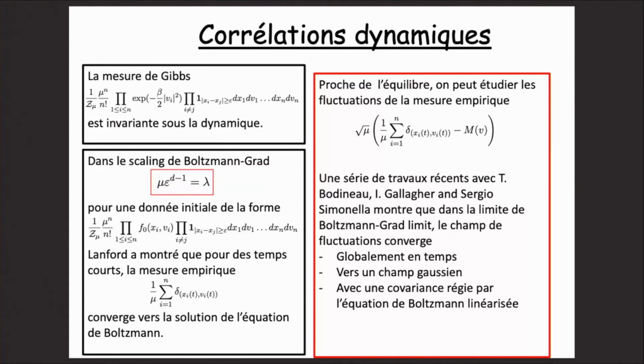Like in the central limit theorem, you have your sequence of random variables, you look at the sum, you remove the expectation, which here is just this stationary state, and you multiply by the square root of mu. Here I recall that mu is the typical number of particles, so it's my parameter in my law of large numbers. So you can recognize this quantity here: it's just the fluctuation.